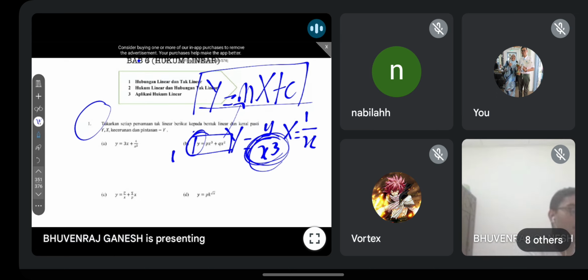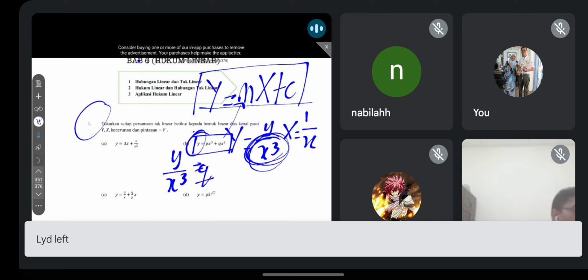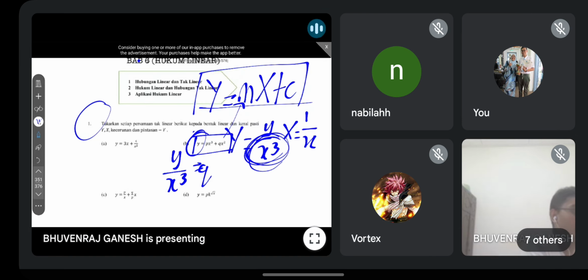Okay, Nabila correct. So y over x power 3 is equal to Q. This one is actually Q over x, guys. Q bagi x. Tapi sebab kita nak dalam bentuk ni, we write it as Q and then bracket 1 over x and then plus P. Okay guys, so you should get this answer for this question.